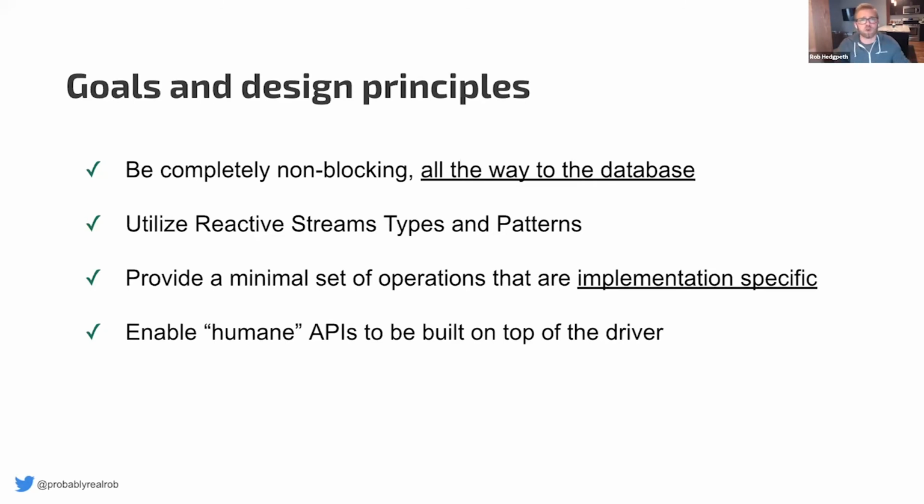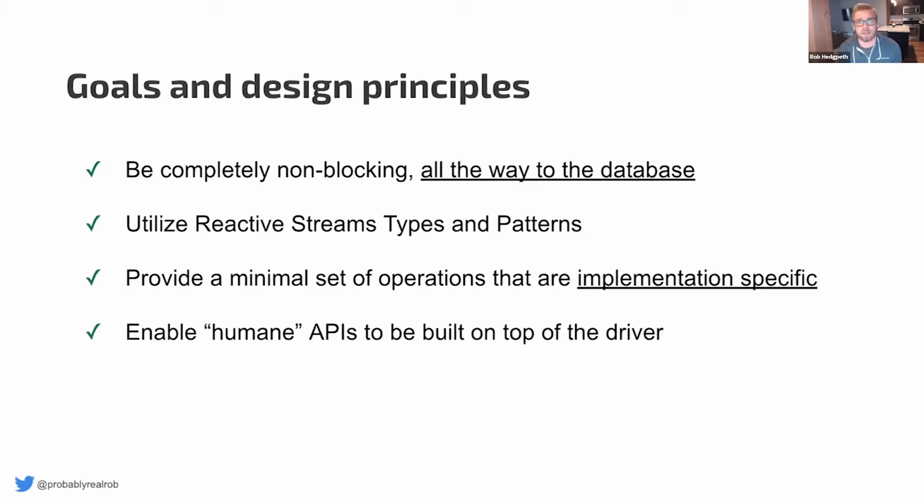And that is to create a truly reactive experience from the client all the way to the database. It does that by using the Reactive Streams API, so that includes their types and the patterns within. But beyond that, R2DBC wants to sidestep, or create a different path than what JDBC created, by providing a very minimal set of operations, what we'll see as an SPI, or a service provider interface, which then enables more humane APIs.